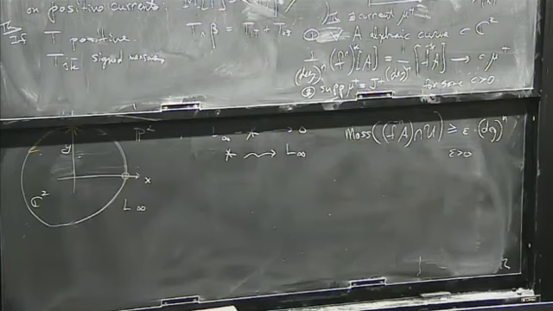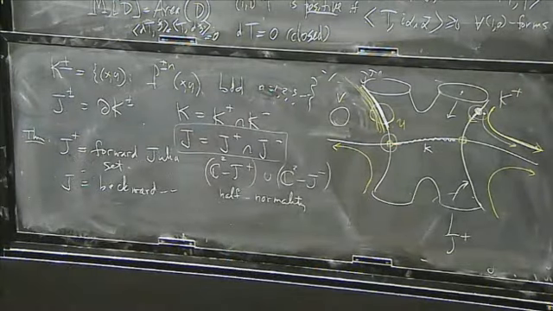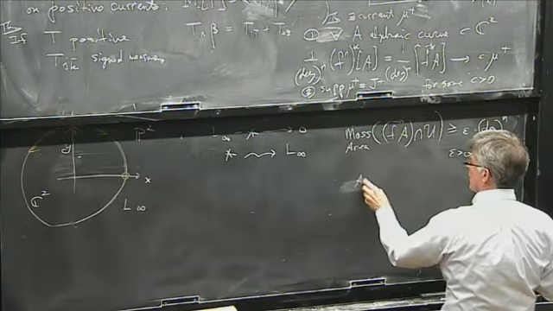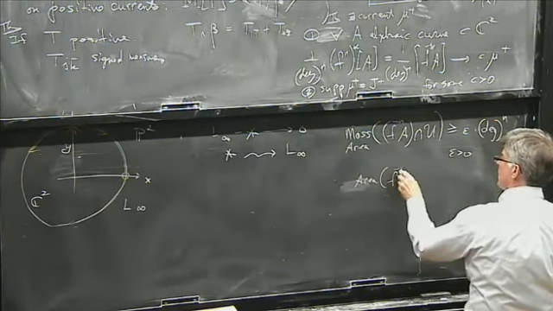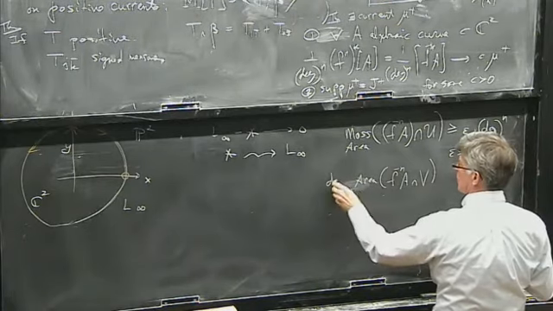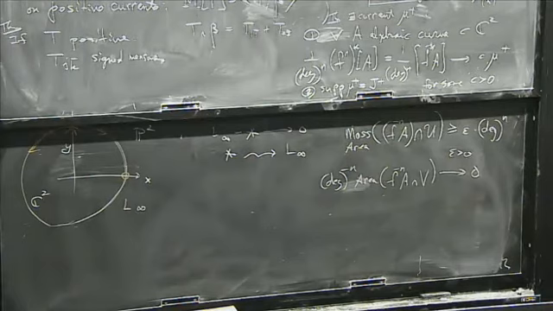And if I take some other open set, V, that's disjoint, I know that the mass, or the area, mass is area, the area of f to the minus n of A intersect V times d to the minus n, that's got to go to 0. Okay? That's what Bernoulli's theorem says in this case.